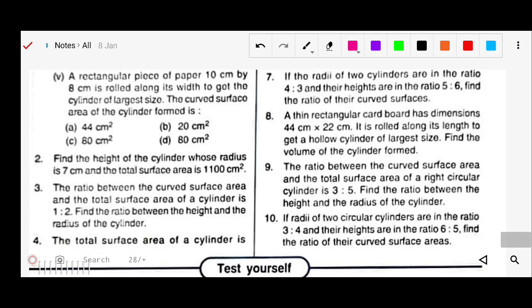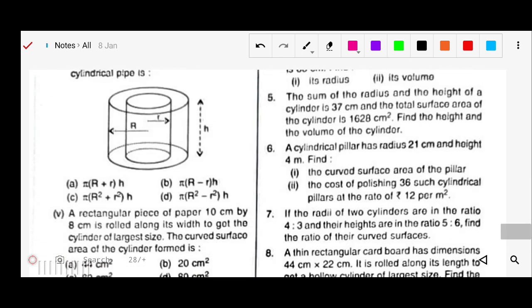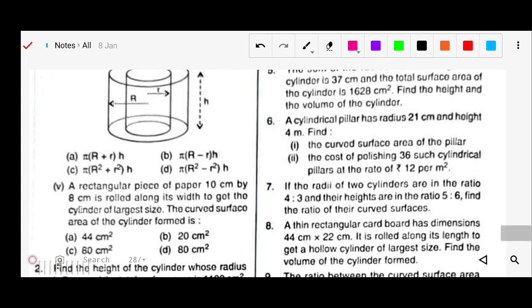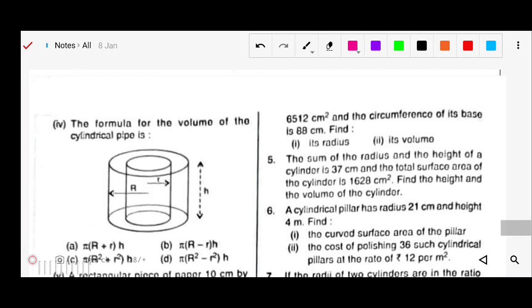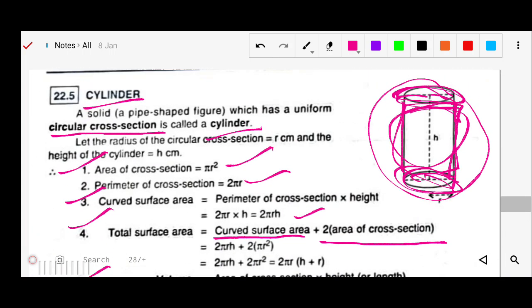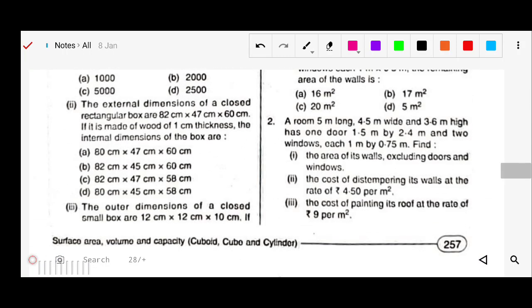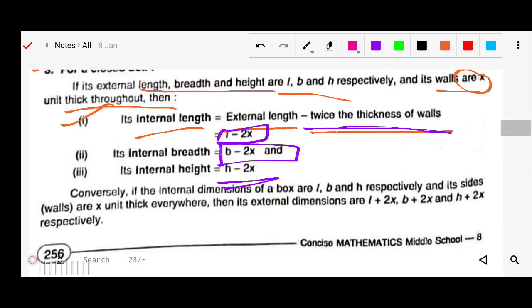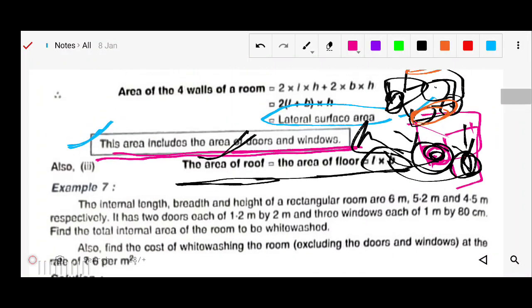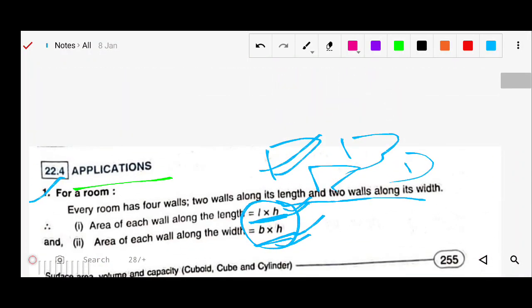Like this is exercise 22c, and your doubts and some more questions will be covered in the next class. Just solve all the questions, write them down, and I have already given you the solutions. I hope you can do this, and first try to understand the theory.